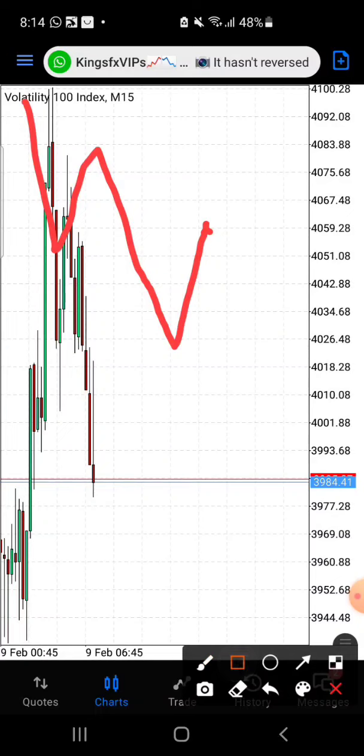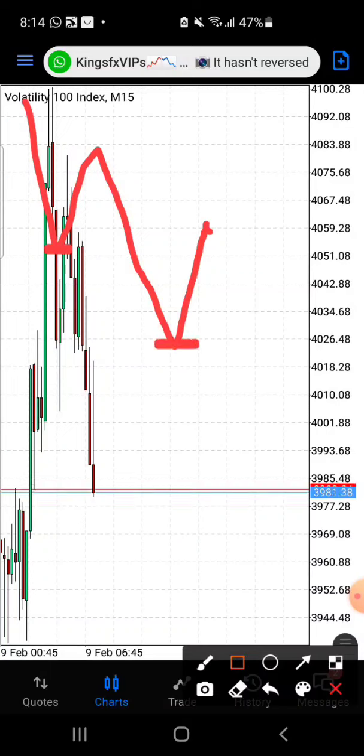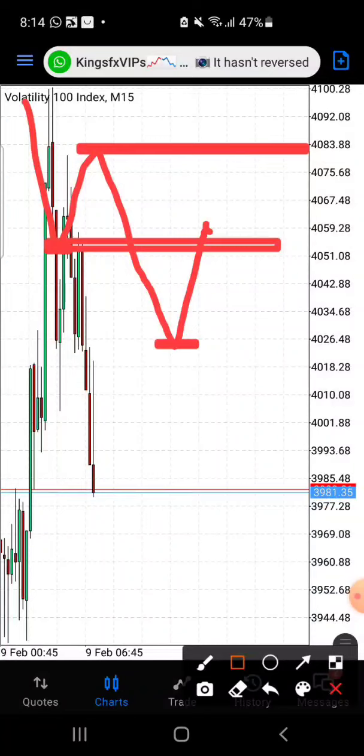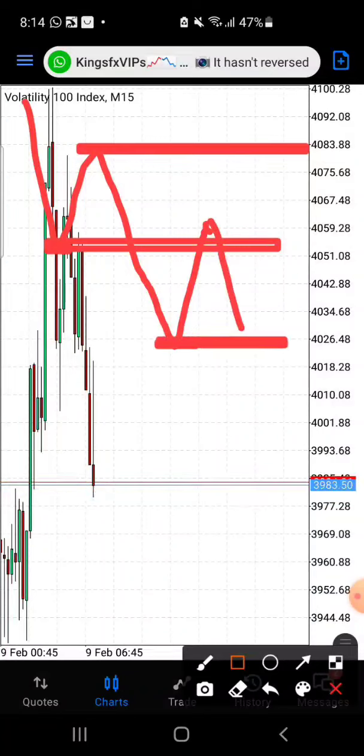What we have here now is a point which is the low. Right there we have a lower low, and this lower low is also a support line. This is a support line, and this is a resistance line. Remember this is a support line, guys.